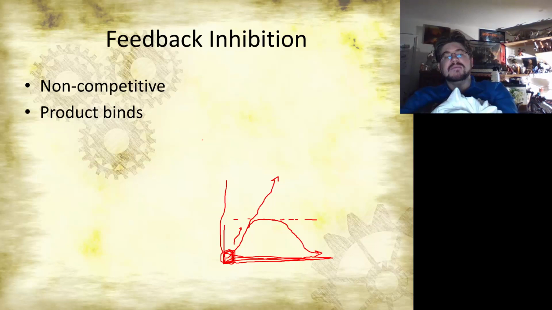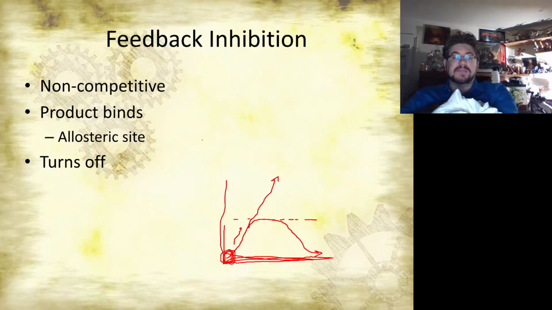So feedback inhibition is where the product of the catalyzed reaction binds at the allosteric site and acts as a repressor, which is pretty cool. It's just sort of a baked-in homeostasis mechanism.